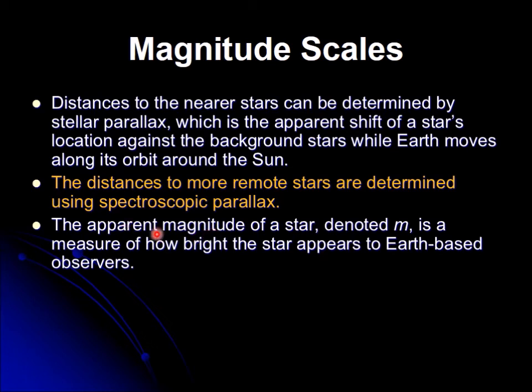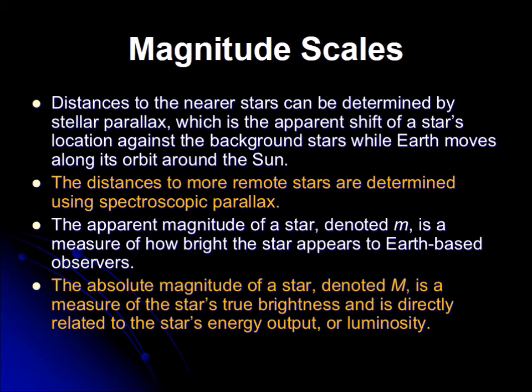The apparent magnitude was denoted by the lowercase m, and it tells you how bright something looks from our point of view. Whereas the other one, the absolute magnitude of the star, denoted with a capital M, tells you the true brightness. It is like placing the star at 10 parsecs from us and measuring its intensity.